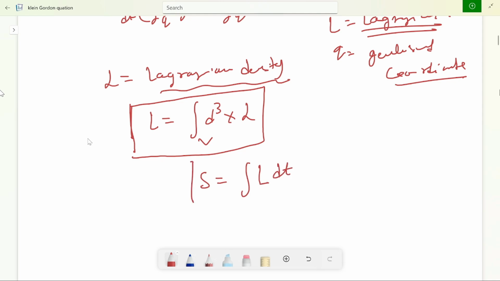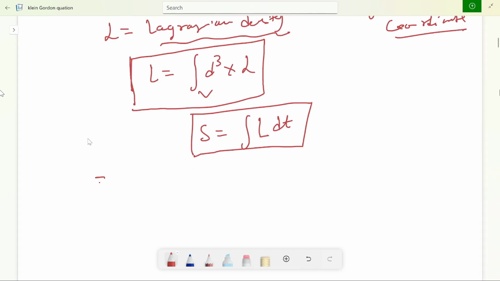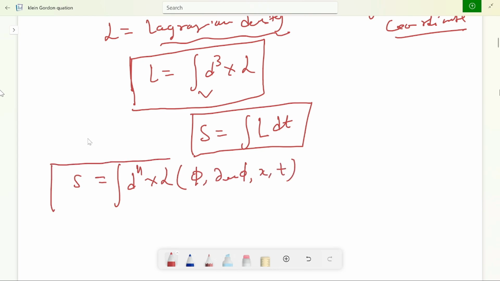This is your action in the field theory, which is just given by the integral over the entire space and time of your Lagrangian density. And your Lagrangian density is just dependent upon, say, the field, its derivative, some x, some t, and so on. This is your action in the field theory.